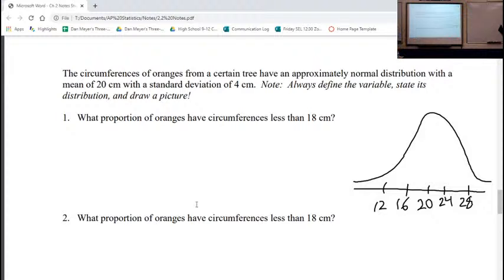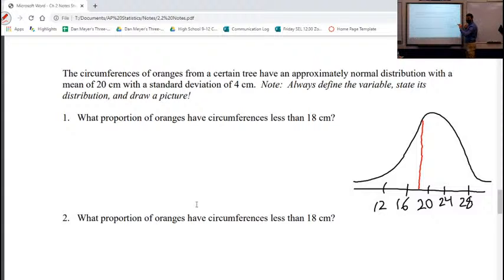So, first question is asking, what proportion of oranges have circumferences less than 18? So since it's not exactly at a standard deviation, then we're going to need to do something different here. Less than 18, so where is 18? 18 would be halfway between 16 and 20. So here's 18. And we want to go to the left or right?